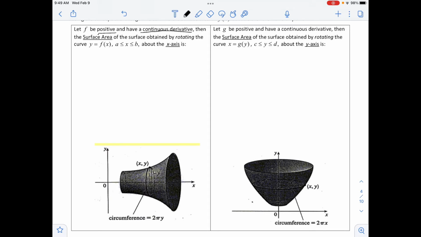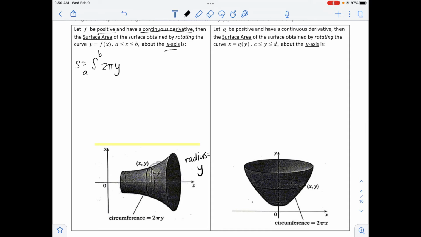Then the surface area of the surface obtained by rotating the curve y equals f of x with x between a and b about the x-axis is, and so in order to do this, taking our curve, S equals the integral from a to b of 2 pi y, where y would be our radius, and you can see that down below. So in our picture here, y is our radius. So radius equals y.